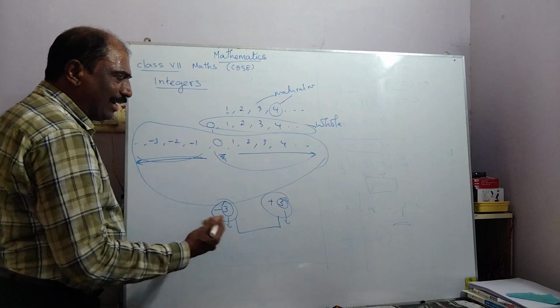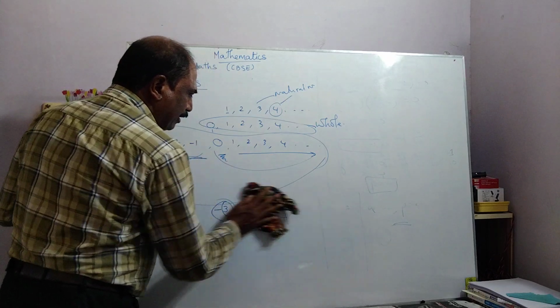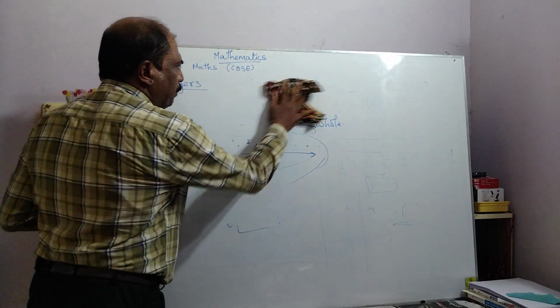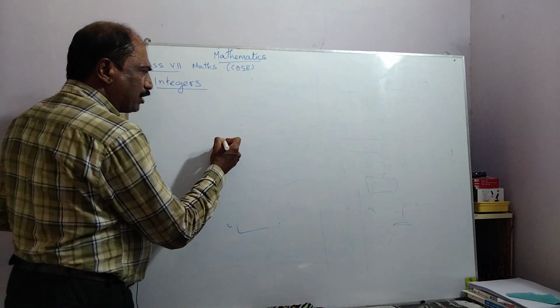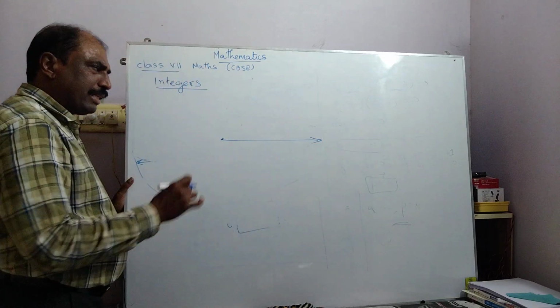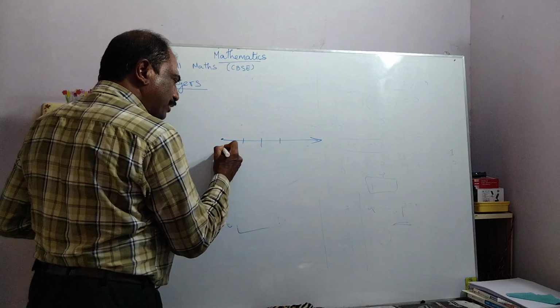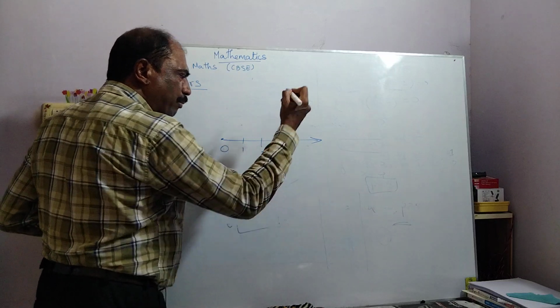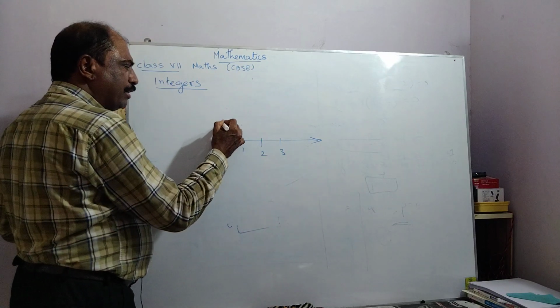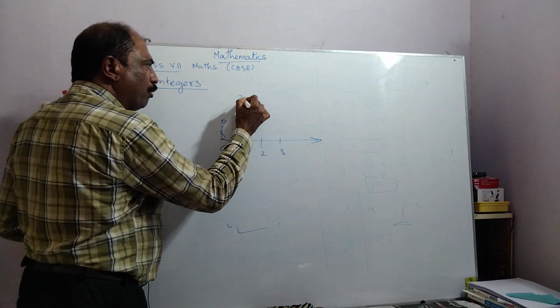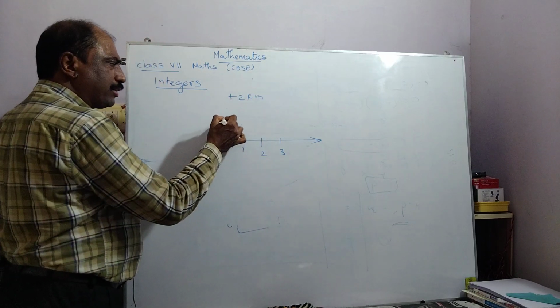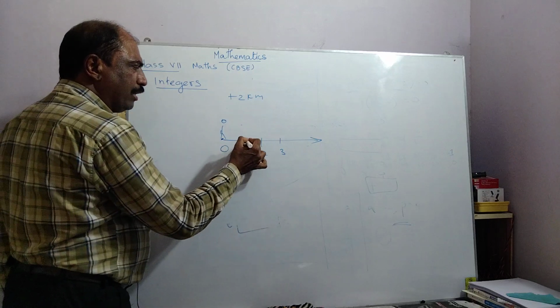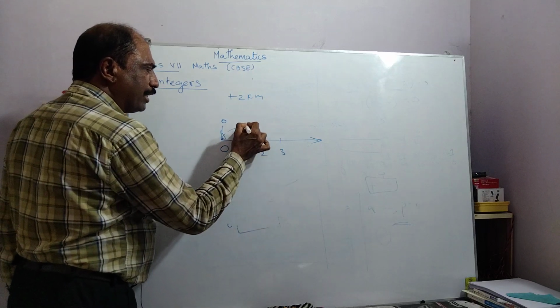Now let us see what happens by adding these. Suppose a person starts from a particular point on the number line and moves 2 kilometers to the right direction. How will we represent 2 kilometers to the right? 1, 2. So from here he goes there.